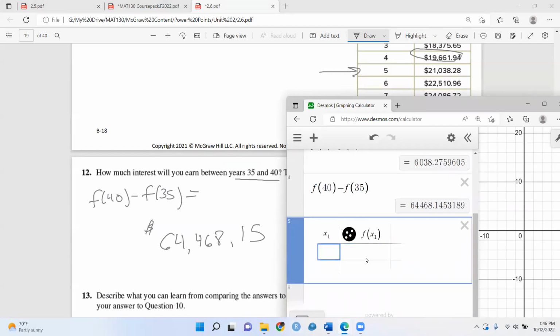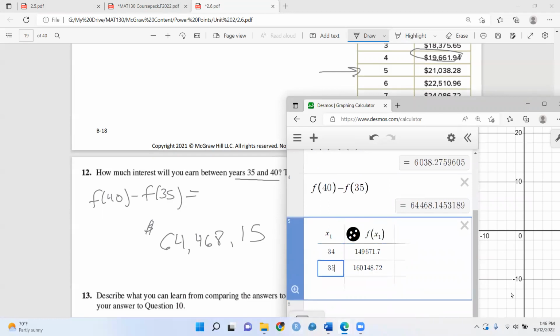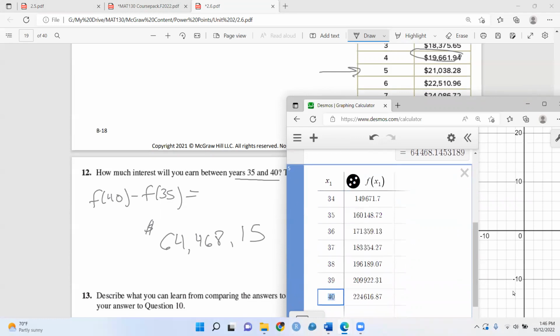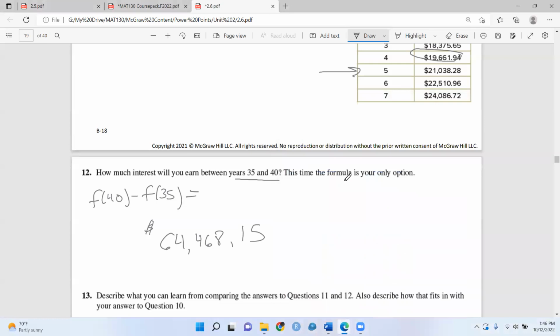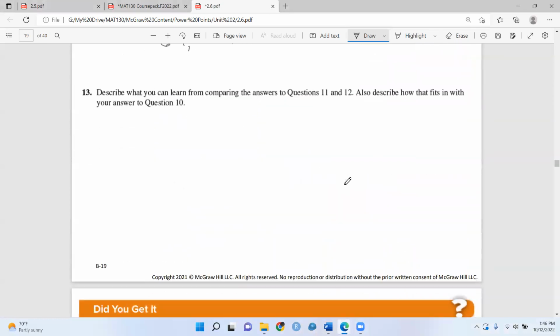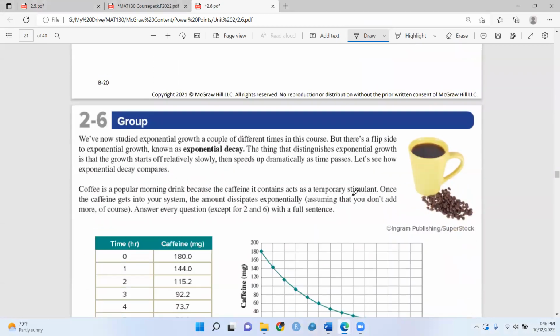So if we do year 34, there's 149,000, and then in year 35, there's 160,000. So to get to year 35, we're earning 7% of 149,000, roughly. So the balance is so much higher. Okay, awesome.